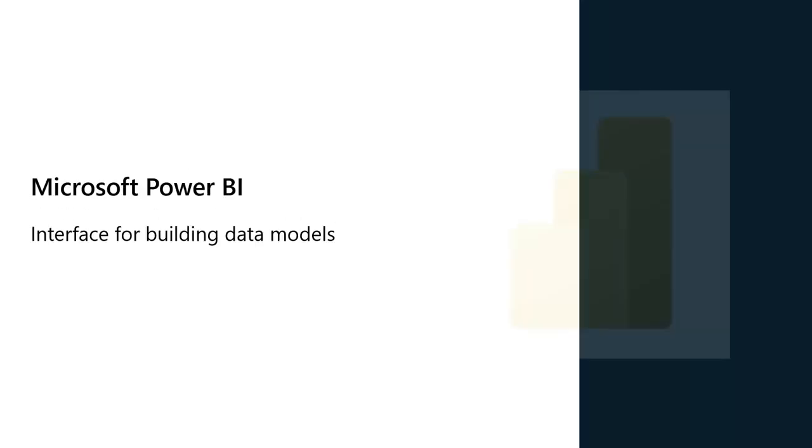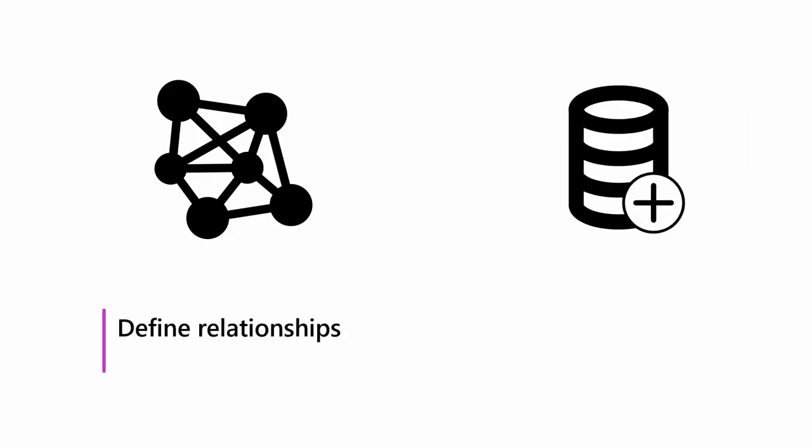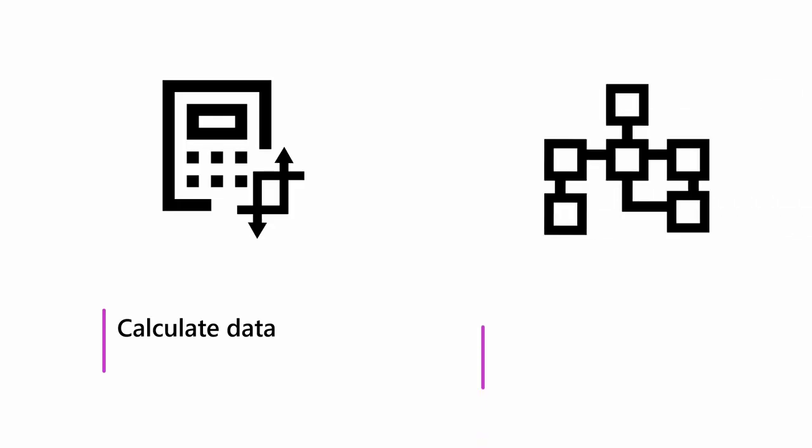Microsoft Power BI is software that provides data analysts with a user-friendly interface for building data models. Other benefits of a Power BI data model are that it can be used to define relationships between tables and assign data types. You can also create calculated columns and measures, and update your model as your business requirements change.